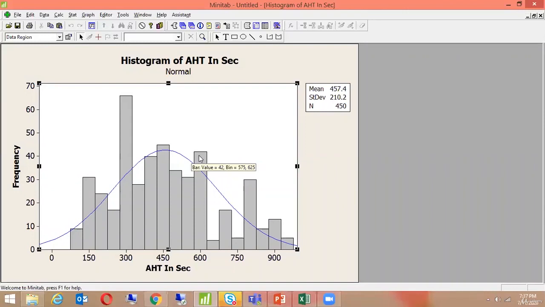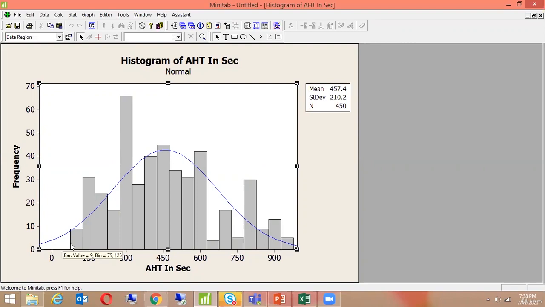Absolutely. So what a histogram tells me is which of the bars has the maximum number of occurrences, and which range that occurs in. If I want to make a decision, I have the handling time data, and we all know the lesser the handling time, the better it is, which means we are taking very little time to process one transaction or one particular call. In a histogram, we learn what the total spread is.